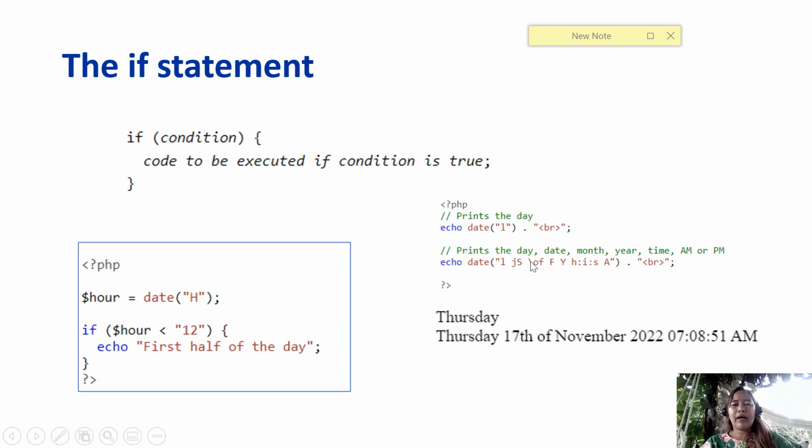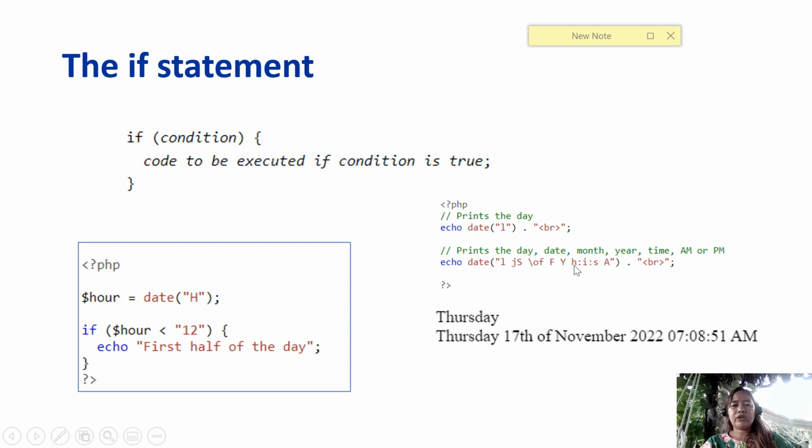And then followed by a text. Now text "of". In PHP you need to precede it with a slash so that PHP will understand that you simply want to display "of", and this is not a format that you want to give to your function date. And then F here is the month, so that's November. And then Y here in capital letter is also going to return the year, in this case 2022.